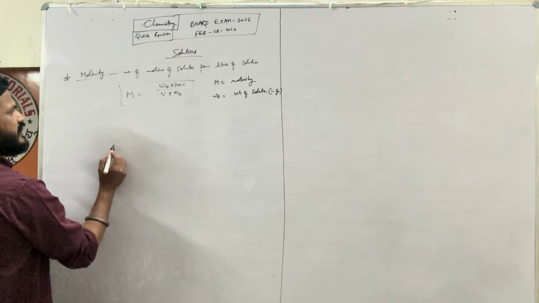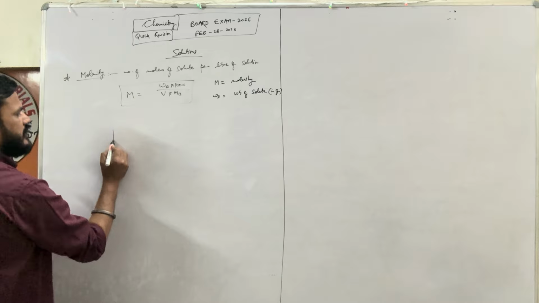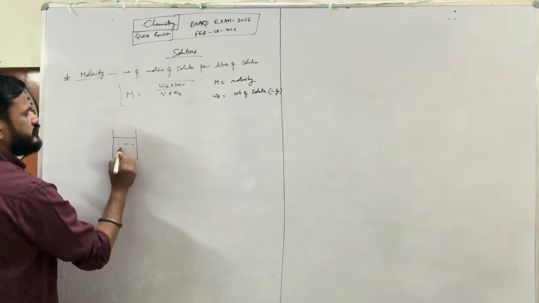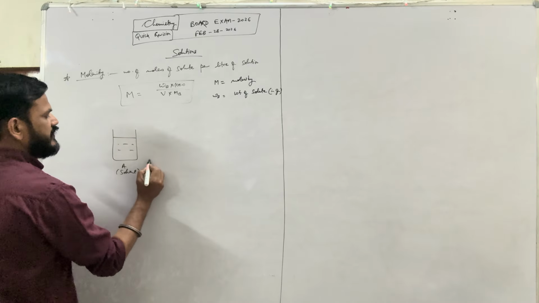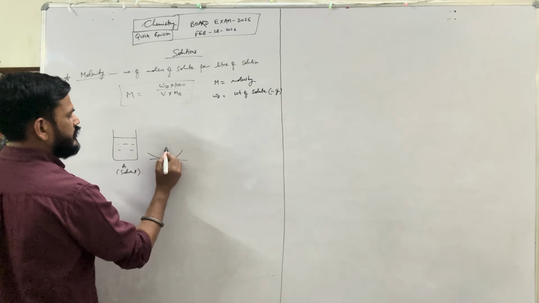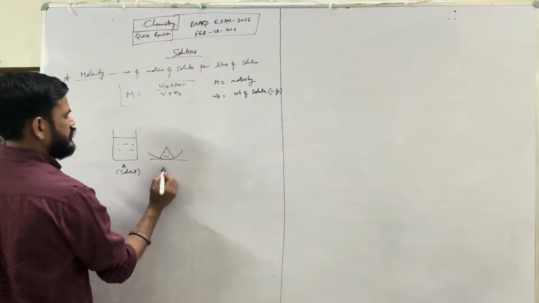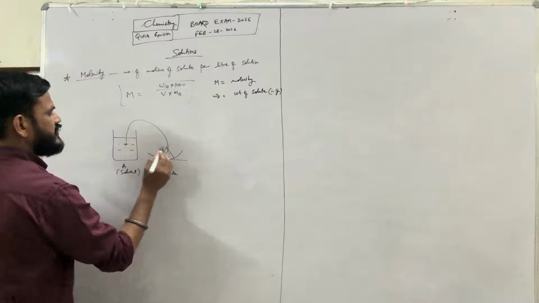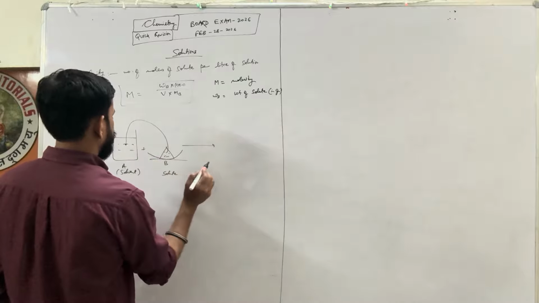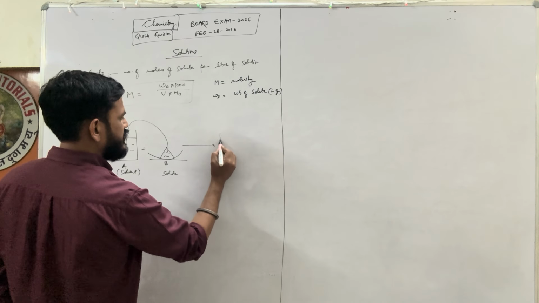So in a solution we generally have a solvent A, and then you have B, which is solute, and when you mix the solute to the solvent, you get a solution.